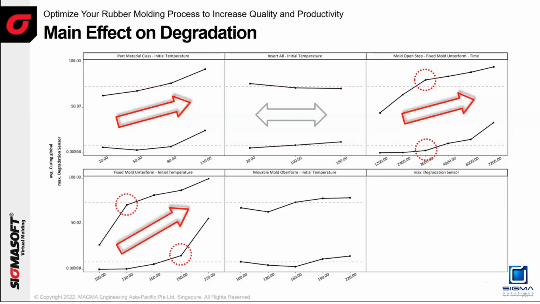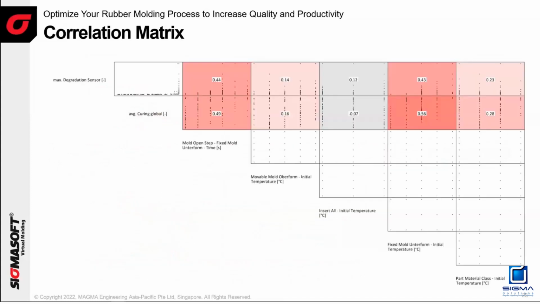After 130 degrees Celsius, the curing behavior is faster. And after 190 degrees Celsius, the degradation is faster. So the process window should be 130 to 190. That's important information we can get from here. Same thing for the movable mold temperature. But this is the correlation matrix, which gives the whole view in one place.